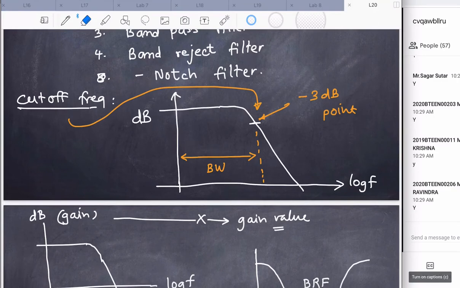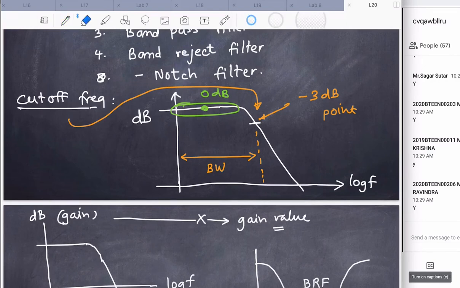So, how to find the cutoff frequency? Draw the filter response and find out the flat region. This is the flat region of the filter. Find the gain in the flat region. Suppose it is 0 dB, then minus 3 dB point you can locate.